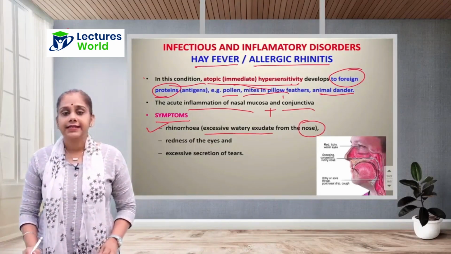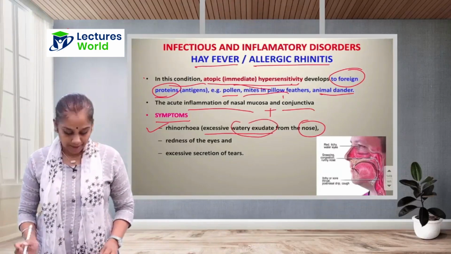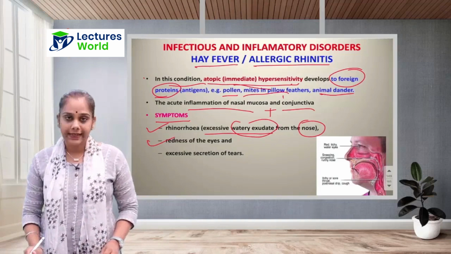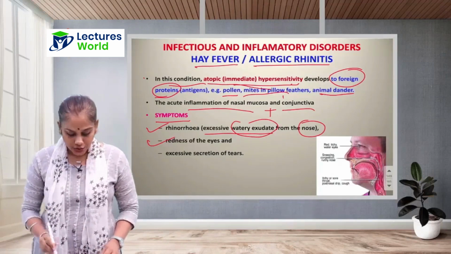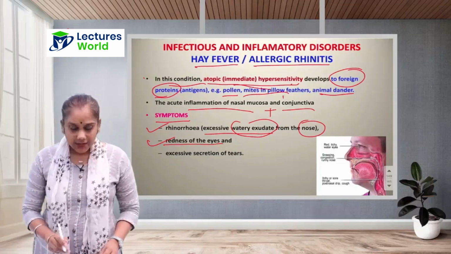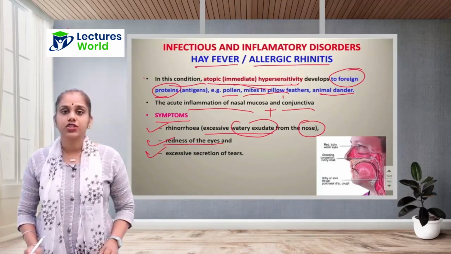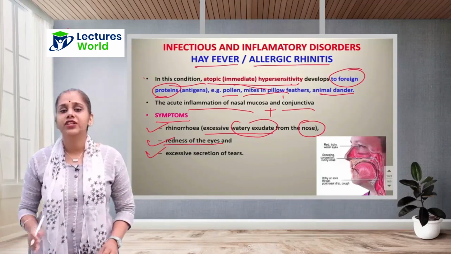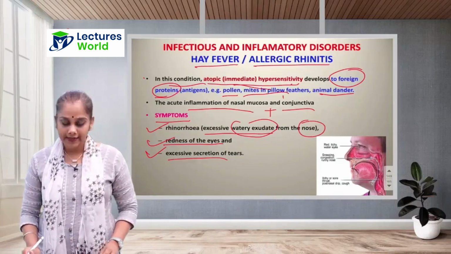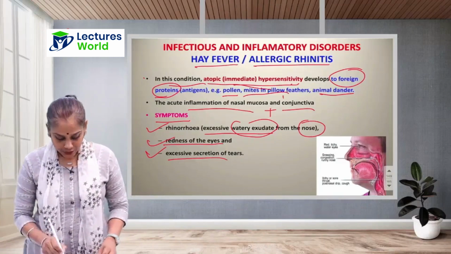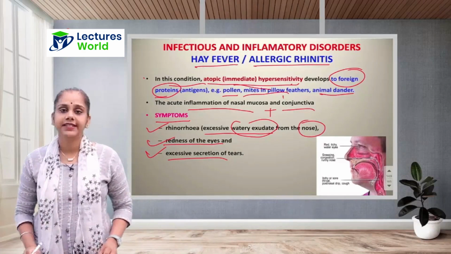Then redness of the eyes, because the infection spreads to the conjunctiva. Redness of the eye and excessive secretion of tears, or watery exudate, because of the infection in the eye. So these are the features of hay fever, or allergic rhinitis.